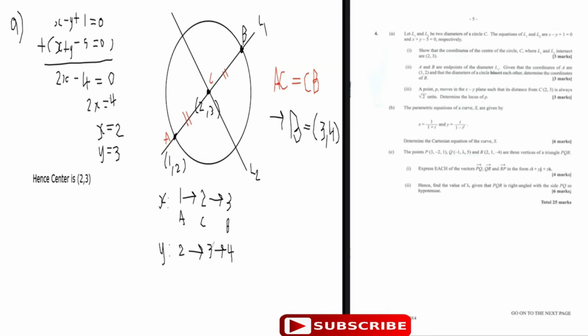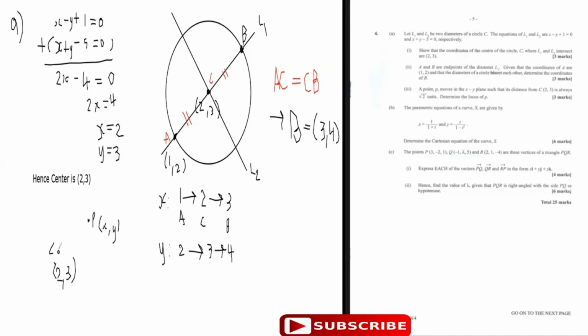I want to put a better sketch right here, and let me not use a circle yet. Let's say this is the center. This is C. C is the point 2, 3. And they're telling us that P could be anywhere, P could be here, but all they're telling us is that the distance from the center to P is root 2.